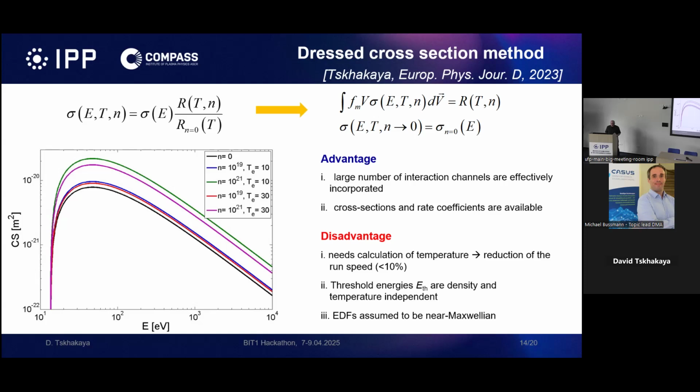I'm not joking, the main problem is atomic data. I went about 20 years ago to Strathclyde. If someone knows ADAS data, they were surprised when I asked the question: can you provide me with cross sections?